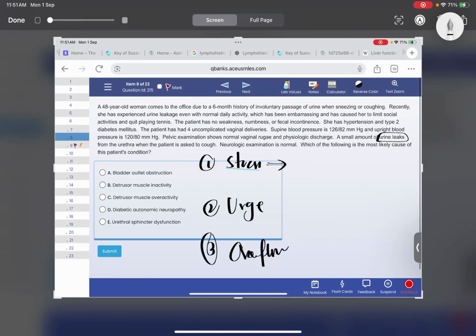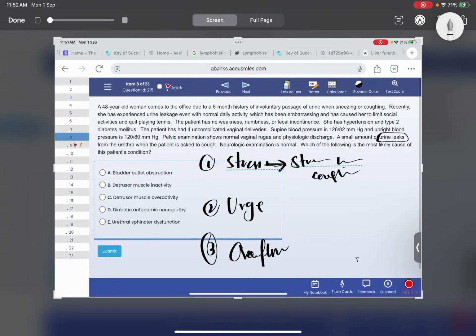Remember it like this: if any stress is causing urine leakage, we call this stress incontinence, like coughing, sneezing, or lifting, anything that causes increased intra-abdominal pressure. So any stress that causes incontinence.